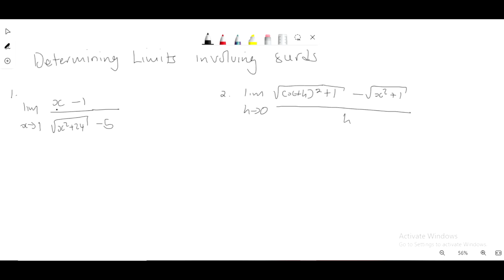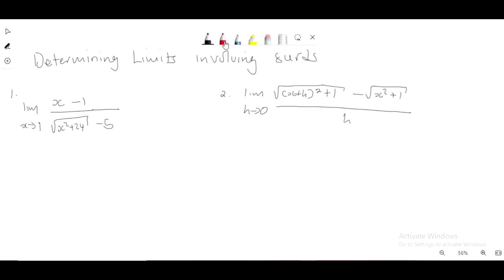Let me concentrate on number 1 first. If I substitute x equals 1 here, at the top I will have 1 minus 1, which is 0.